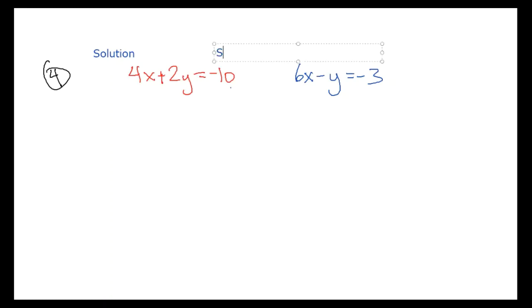So both of these equations are in standard form, and we need to change them to slope-intercept form. And to do that, we need to get y by itself. So to get y by itself, we will need to subtract 4x on both sides.